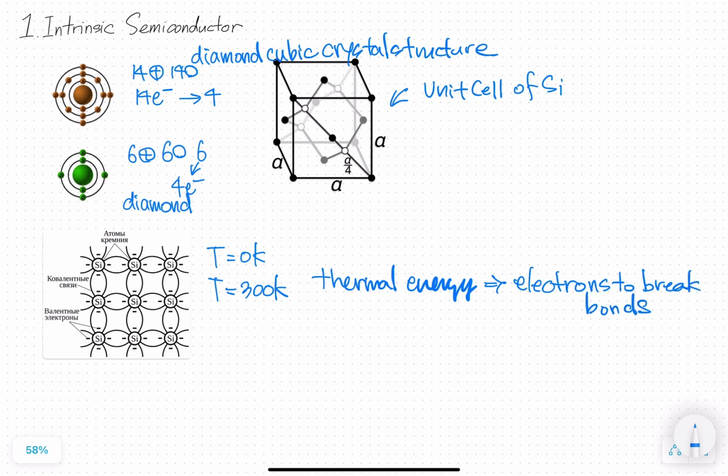These freed electrons can now move throughout the crystal. So by thermal energy, electrons pop out from the bond and move nearly free.